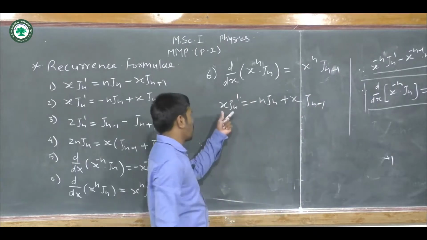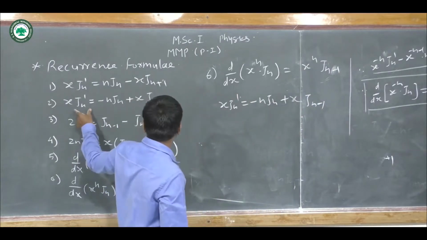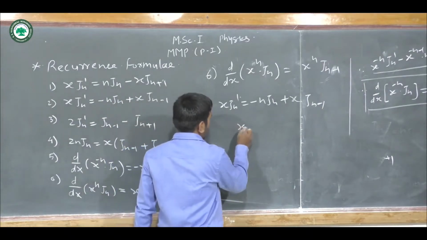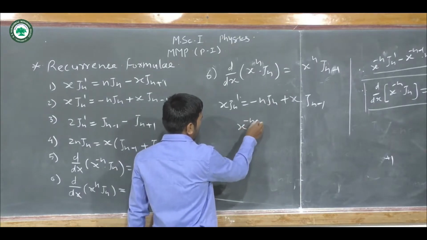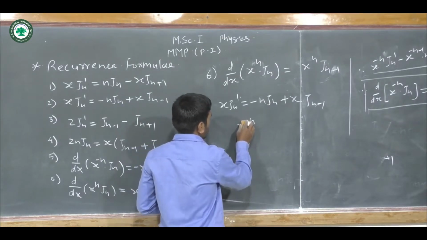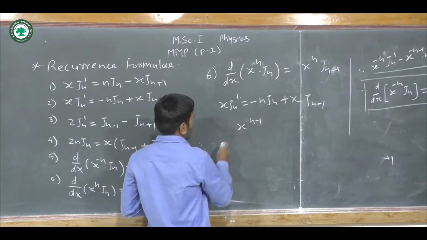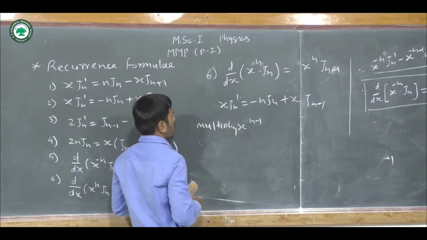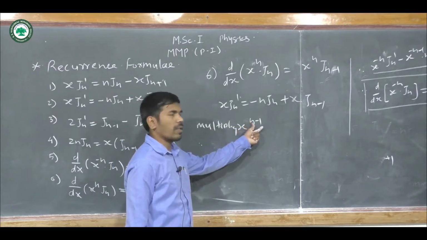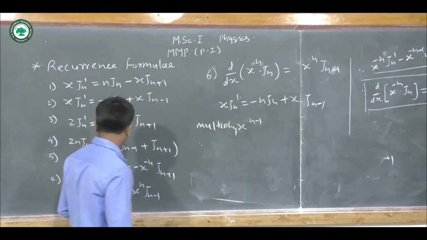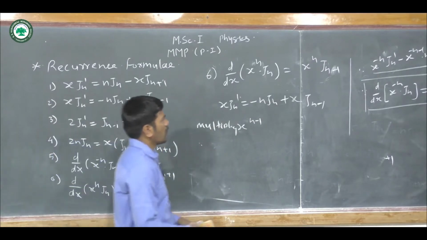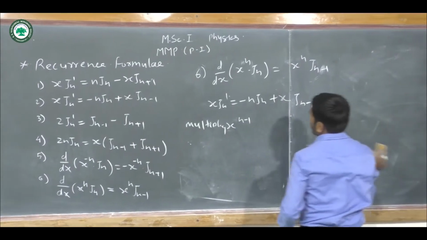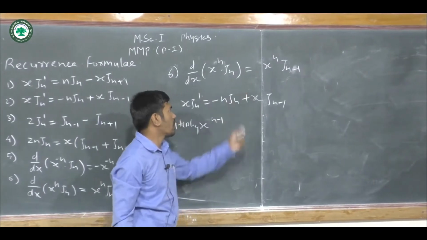By using the second recursion relation and multiplying it with x power n minus 1, we can find this sixth relation, so we can find x power n into Jn minus 1.